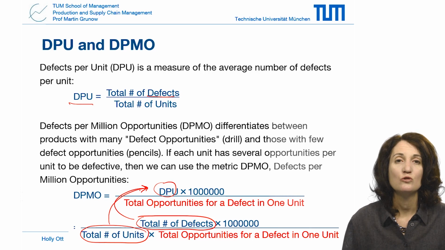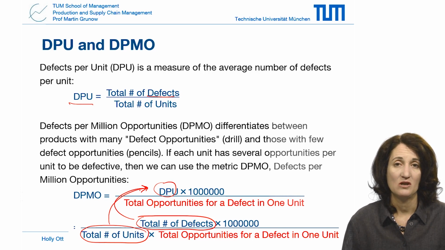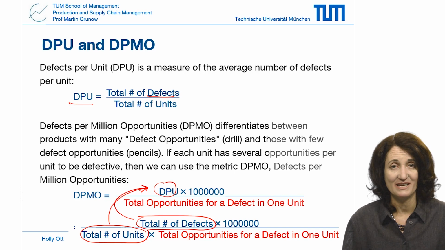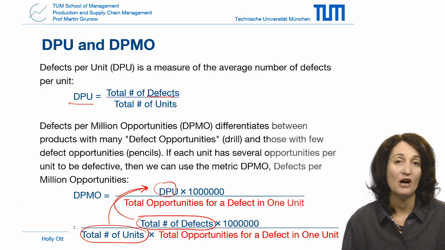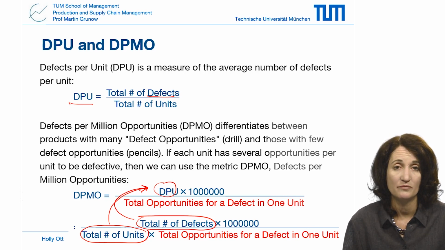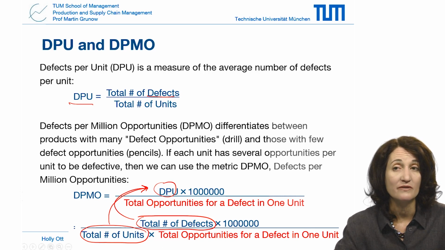Now, how do you make this decision of how many opportunities we have for defects in a unit? And this is where the softer side of quality comes in. Your team decides. How many defect opportunities do you have in a pencil? How many defect opportunities do we have in a drill? What happens then if your team selects more than one opportunity for defects?